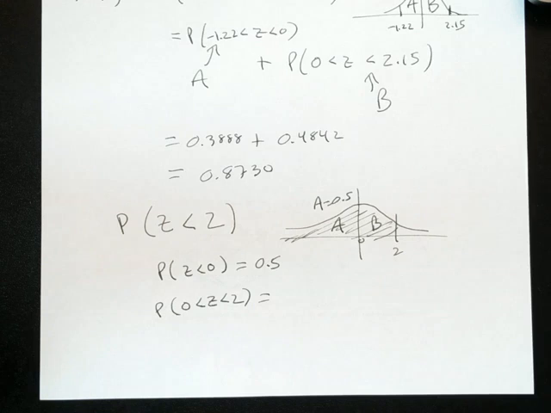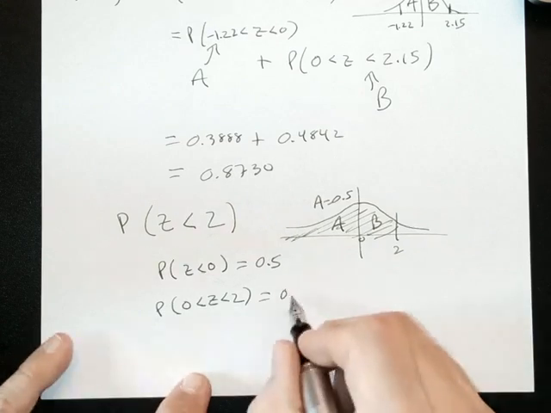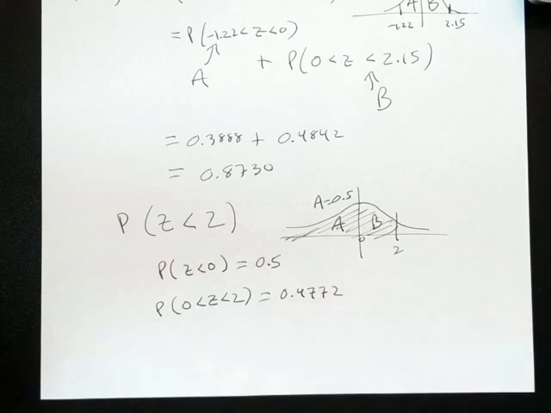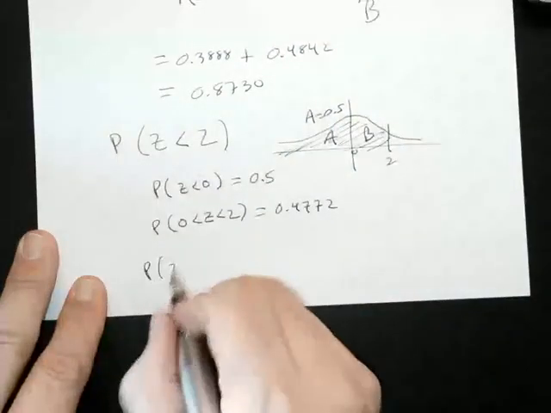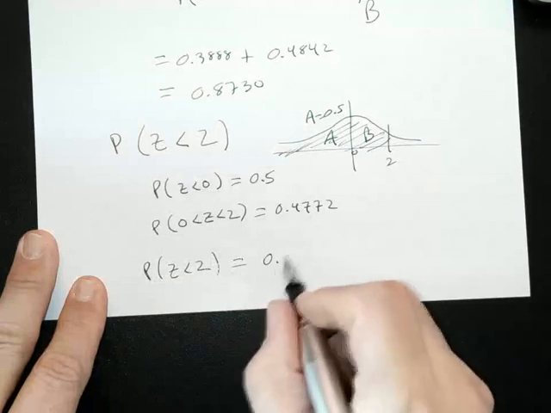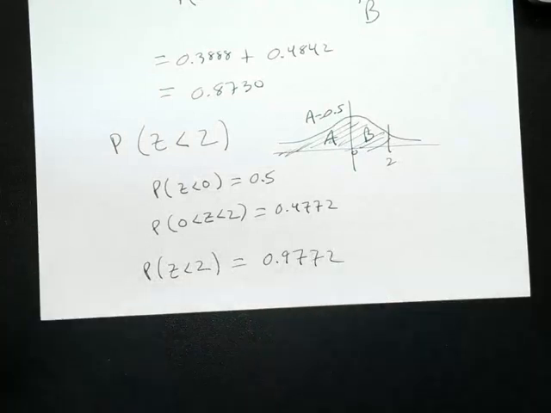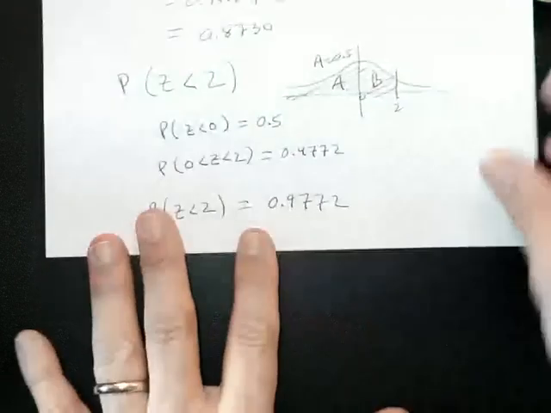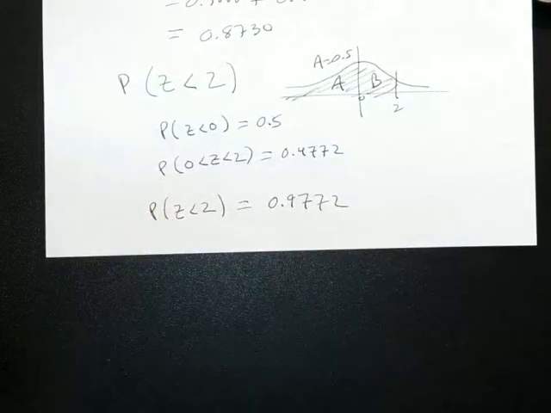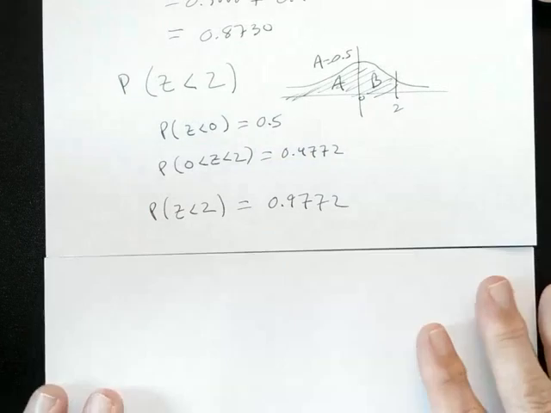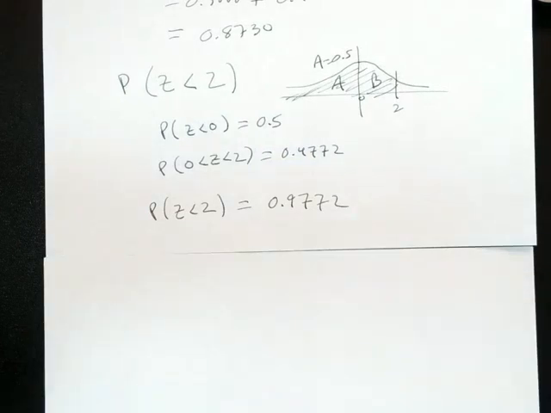Which gives closer for being less than 0.972. Just add those two together. Yes, sir. Yes.